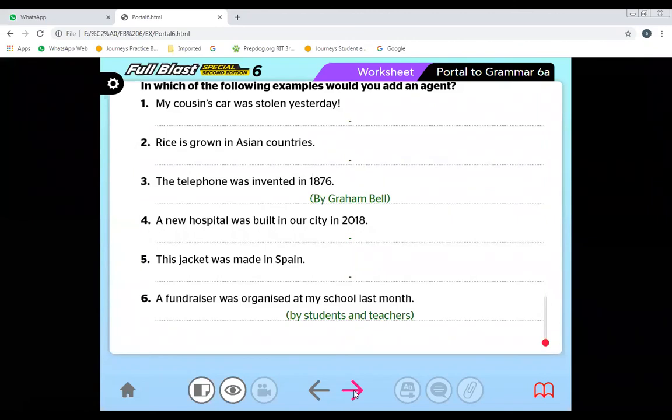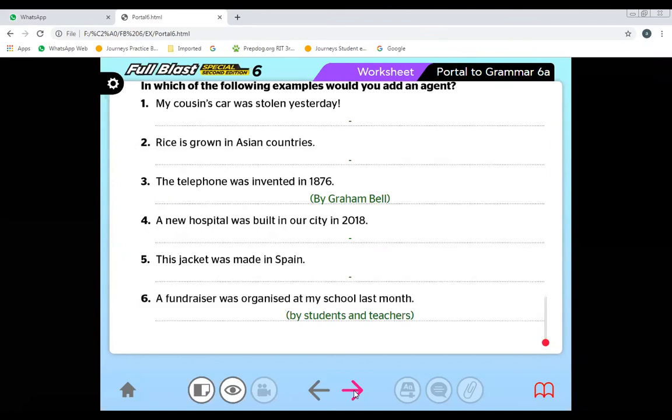I'll give you another example. Tables are made of wood. Is it important here to add the agent? No. Someone or my bag was stolen. Can I add the agent here?